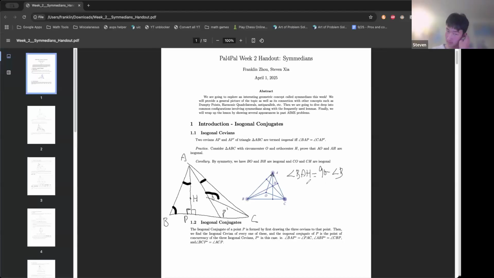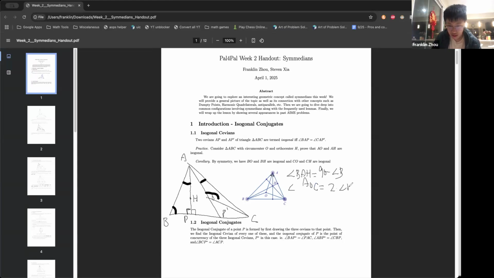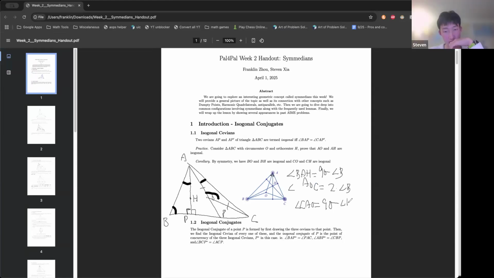And with some angle chasing, you can find that angle AOC is equal to 2 times angle B. And since this is an isosceles triangle because O is the circumcenter, we can deduce that angle CAO is also equal to 90 minus angle B, which is what we want, and as Charlie mentioned, that proves that AH and AO are isogonal.